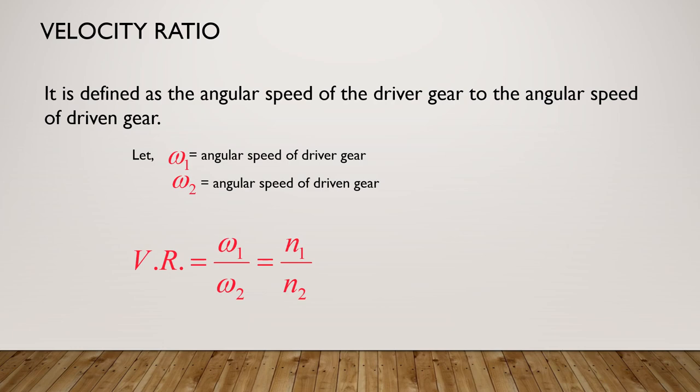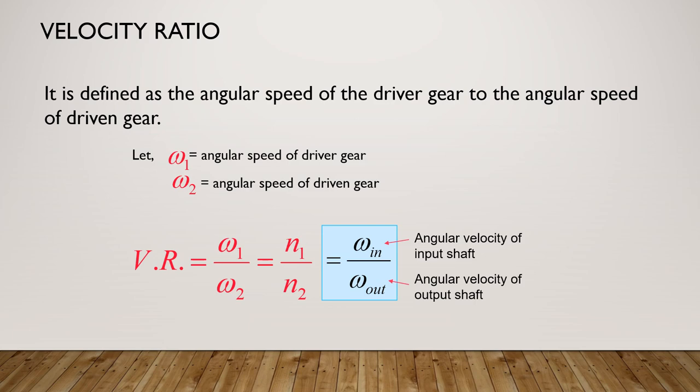If you substitute in place of omega, 2 pi and 60 get cancelled, remaining n1 by n2. Here omega 1 is omega in, the angular velocity of the input shaft, and omega out is the angular velocity of the output shaft. This is the usual method we follow to calculate the velocity ratio. Velocity ratio can only be calculated when the gears are in mesh. Two gears in mesh, we can calculate the velocity ratio.